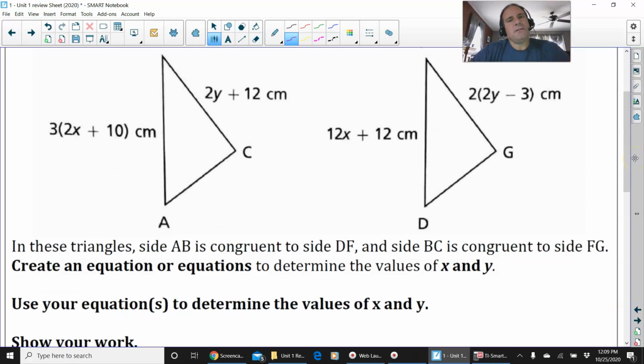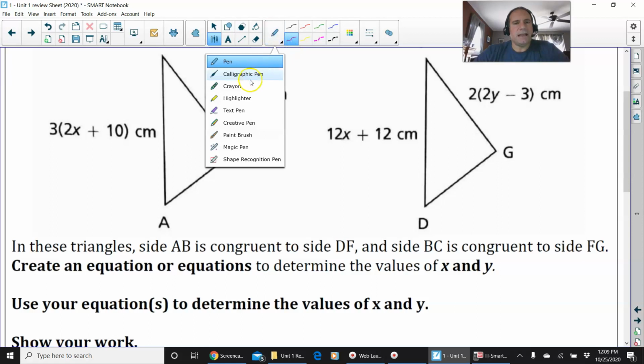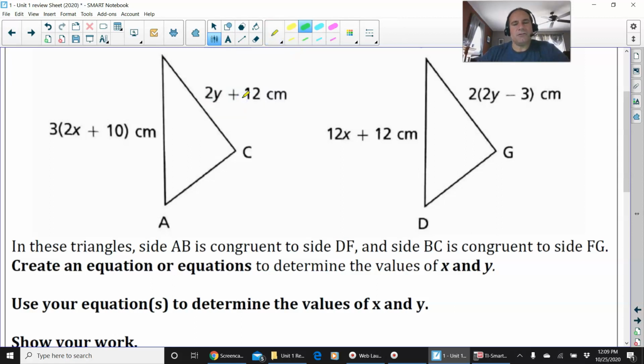So this might look like a very difficult problem, but it is not that bad. All right, in these triangles, side AB is congruent to side DF. Remember congruent. Congruent means, and this is the key word, congruent, AB is congruent to DF.